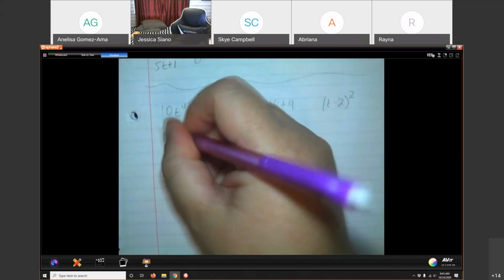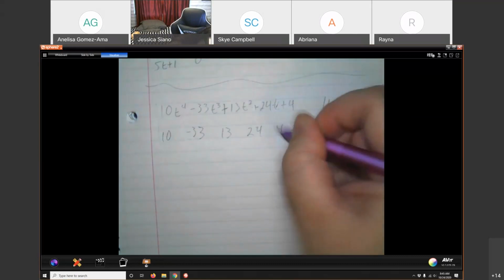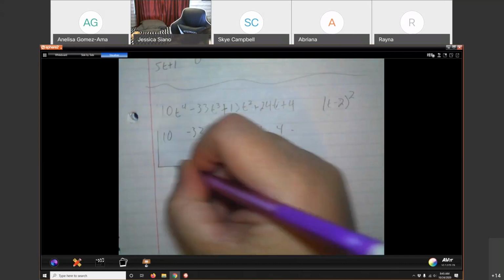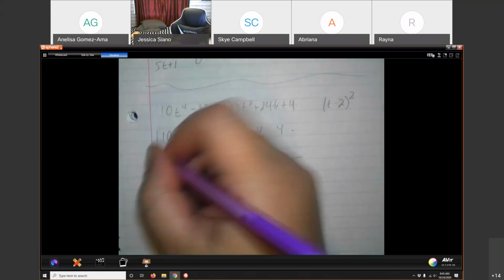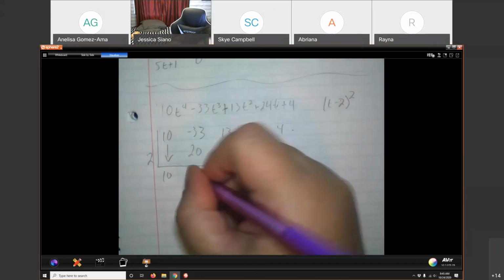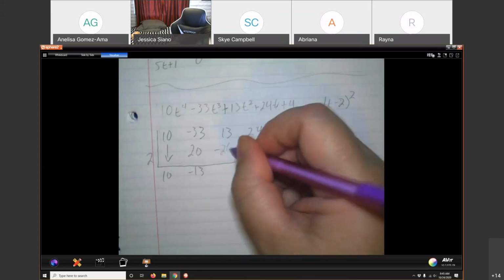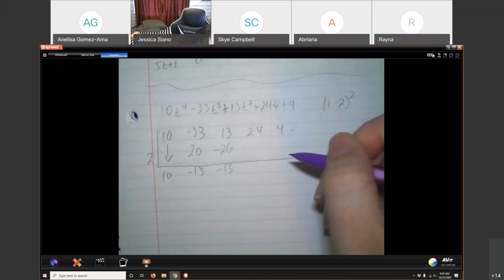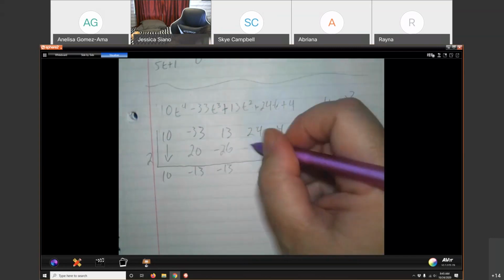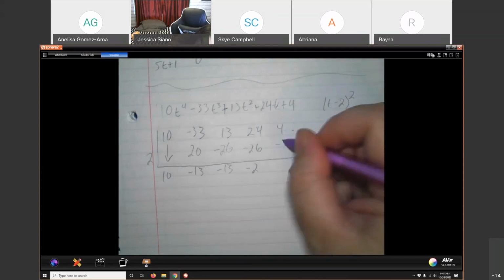So 10, negative 33, 13, 24, 4. And then we're going to take out that 2. So that's 20, negative 13, negative 26, negative 2, negative 4, 0.